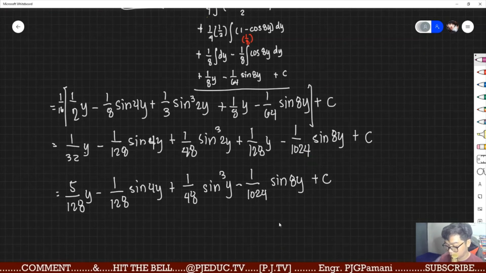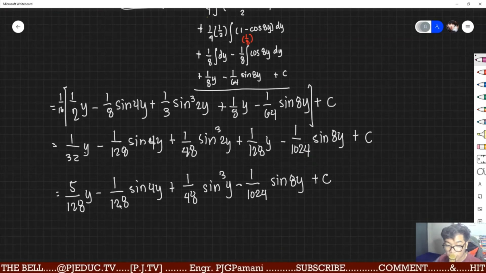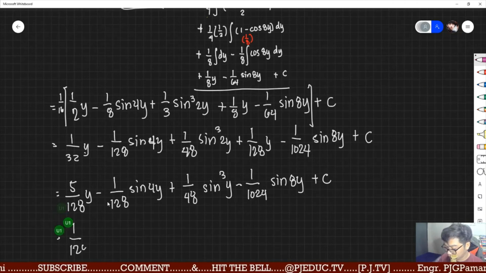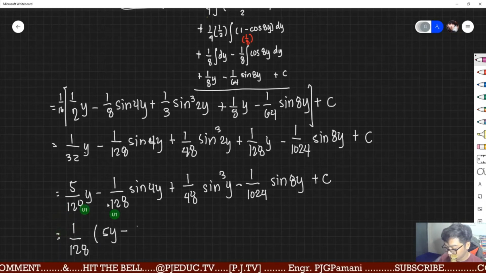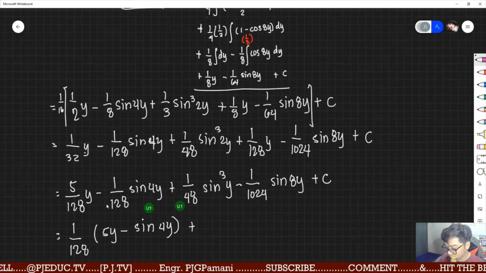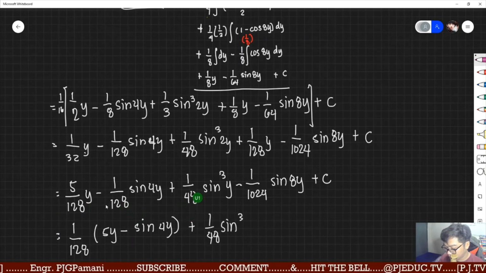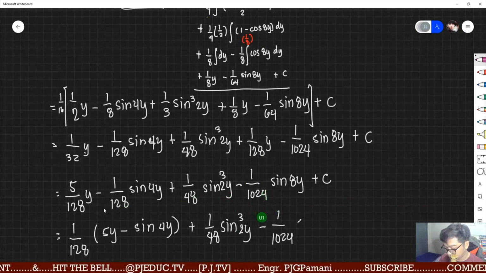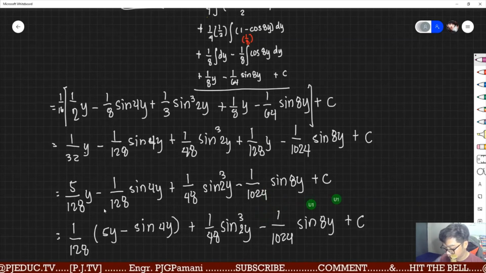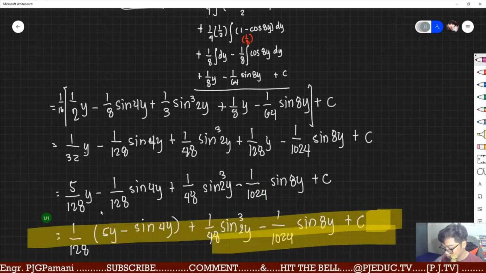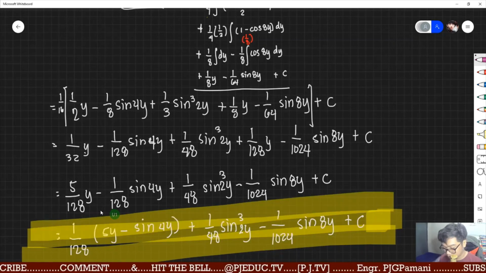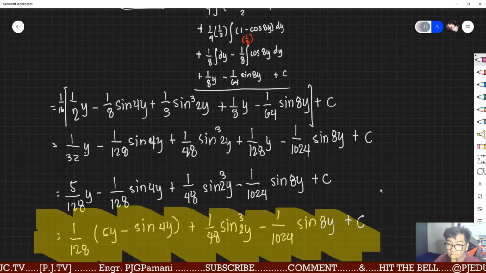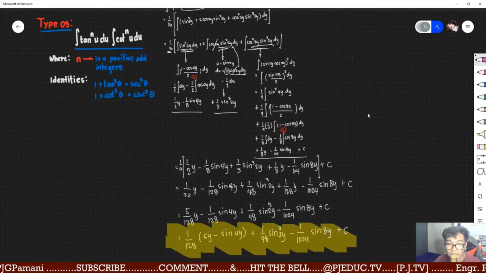Or, that is also equal to 1 over 128 times 5y minus sine 4y plus 1 over 48 sine cube 2y minus 1 over 1024 sine 8y plus c. Boom! So, ito ngayon yung ating final answer.